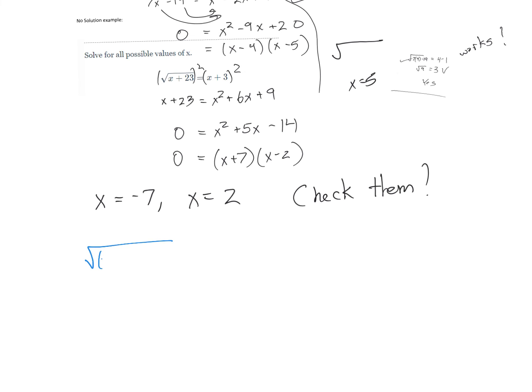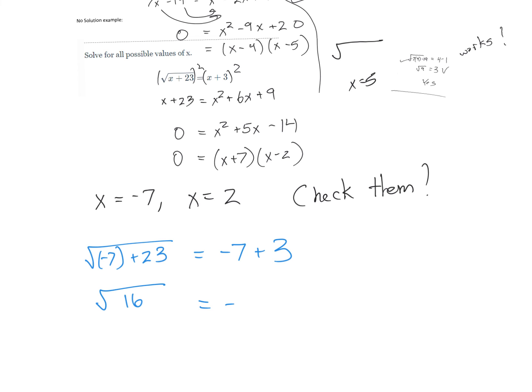All right, so we take the original equation, plug in negative 7 first, see if it works out. Let me show you it not working out. That's what I'm trying to get here. Why does it not work out? I'll show you. So inside, negative 7 plus 23 is 16.